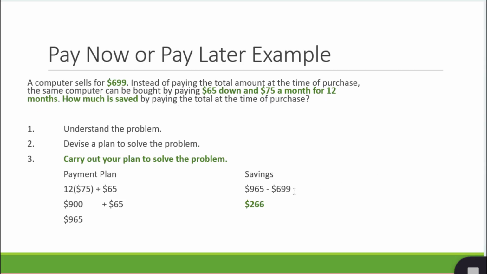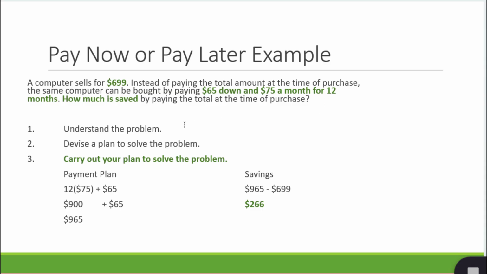Okay, so the payment plan, like we said, would be the $65 down plus the 12 months times the $75 per month. So this would be 12 times 75, which is 900. So the whole thing would be 900 plus 65, or $965, would be the cost of the computer if you decide to go with the second option.